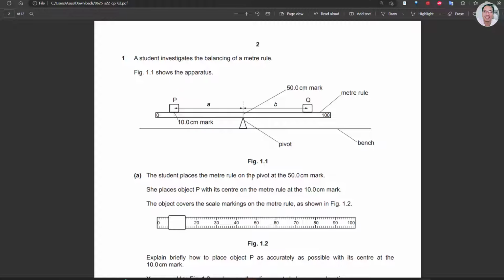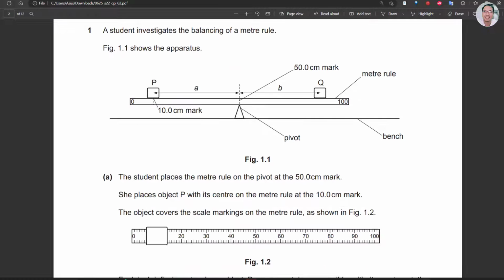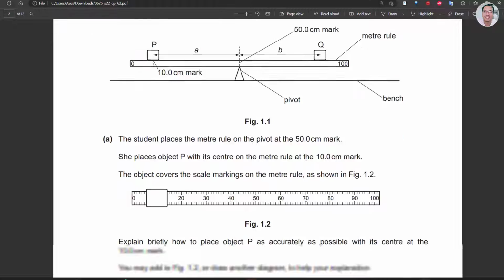The student places the meter rule on the pivot at the 50 centimeter mark, right in the middle. Places object P with its center on the meter rule at the 10 centimeter mark, from this edge on the left. The object covers the scale marking on the meter rule as shown in the figure.